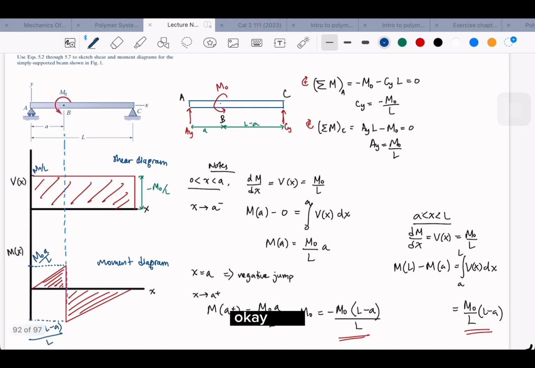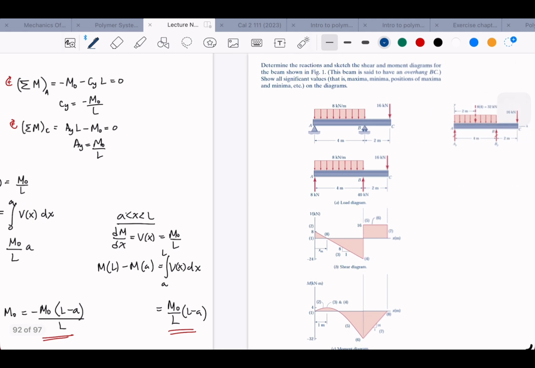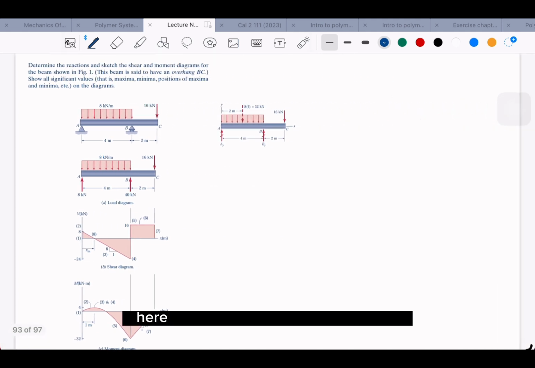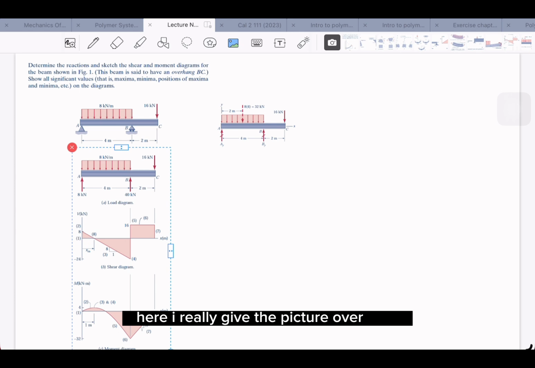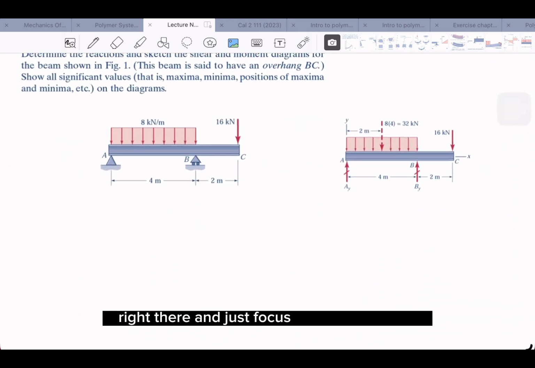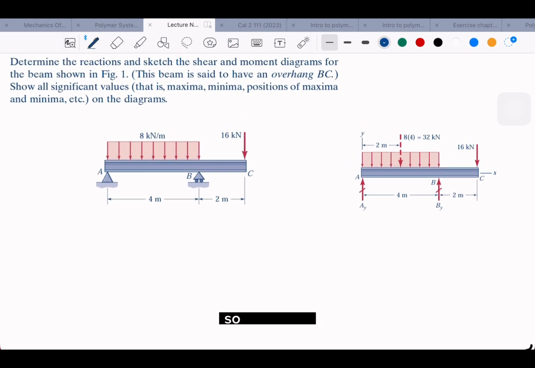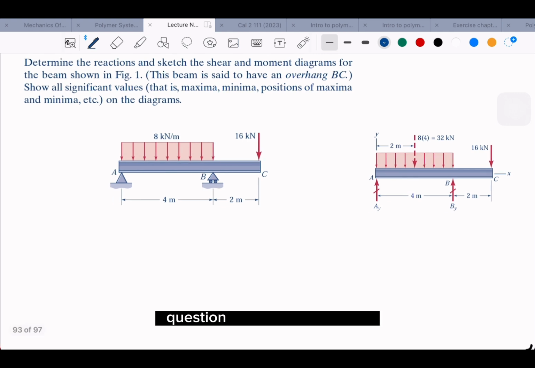Okay. Now, here, I already gave the picture over here, but let me just write there and just focus first on how to get the answer. Okay. So this is the question.